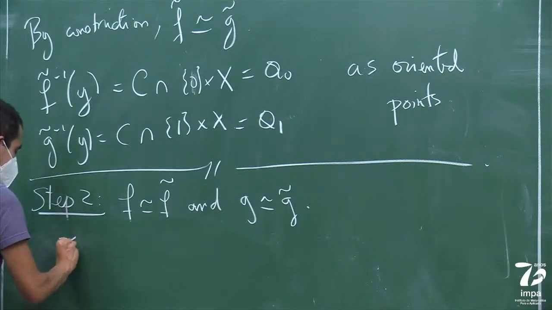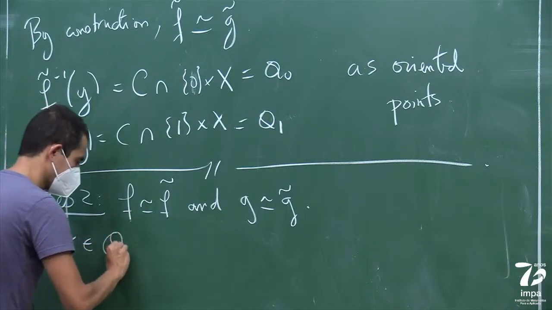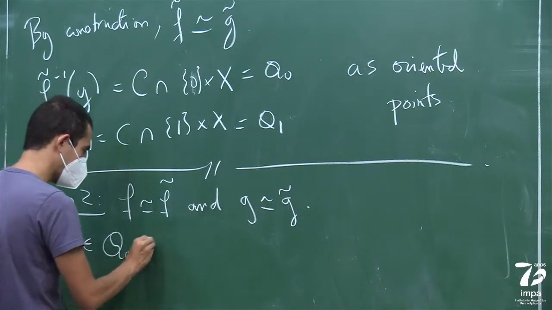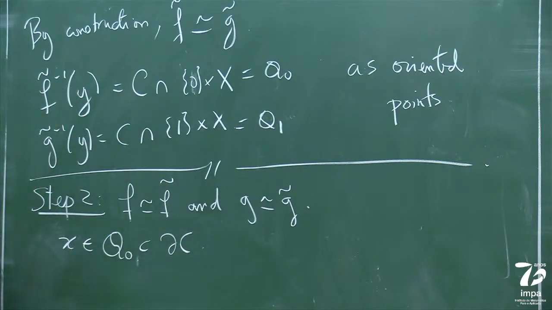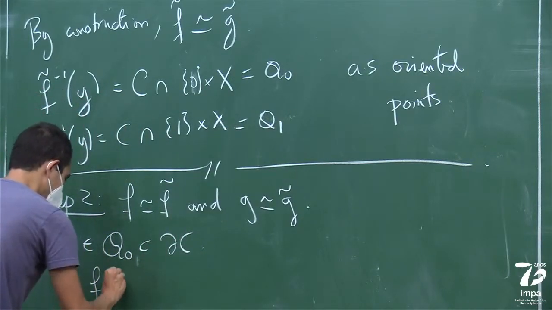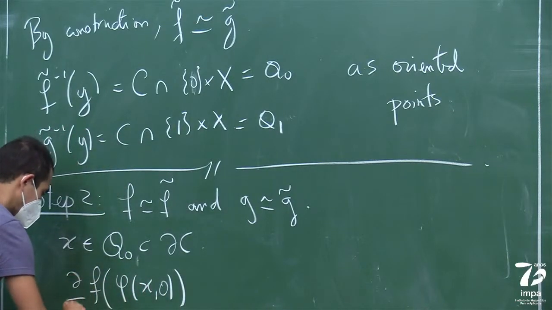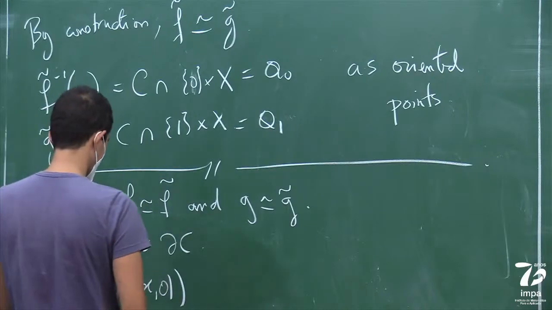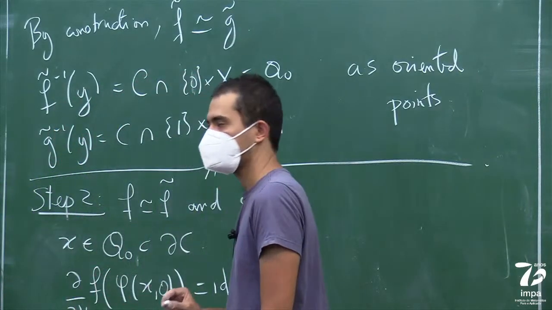So if x is in Q0, which you can think of as contained in the boundary of C, what I'd like is for f of phi of x, 0, the derivative with respect to v, to be the identity.